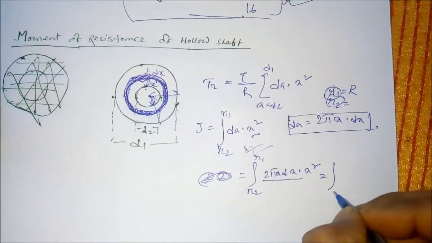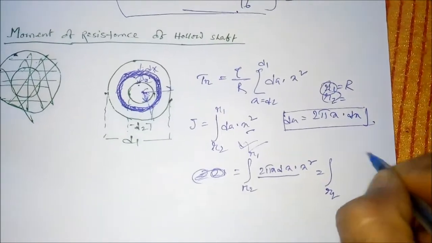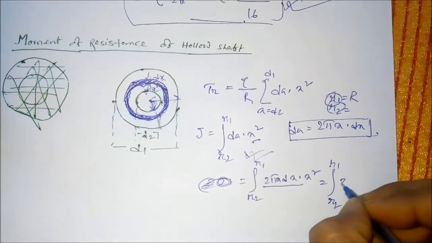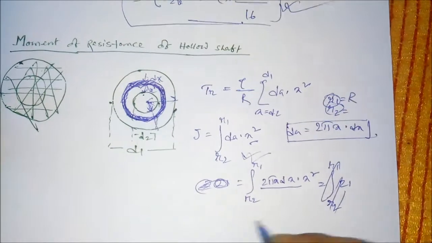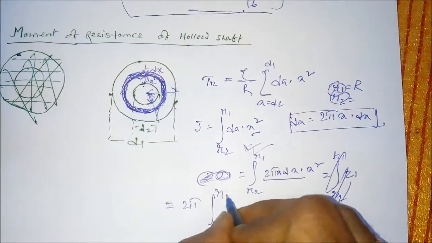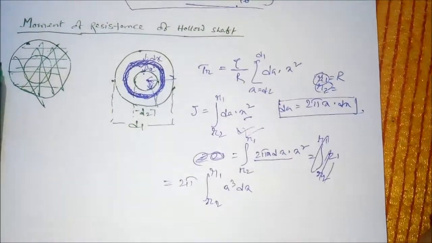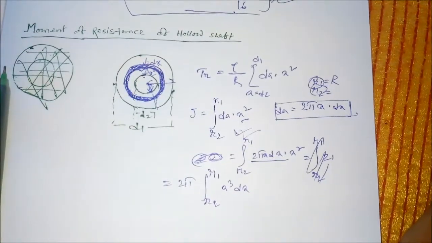Now 2 and pi are constants, so this will equal 2 pi times the integral of x cubed dx, like the previous one.